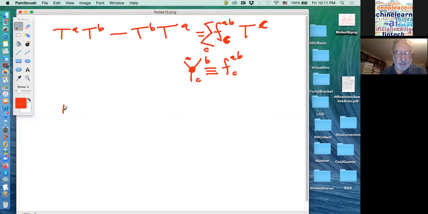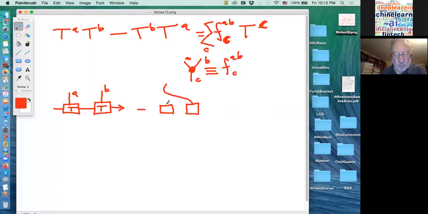And then what do we have? We have T_A times T_B minus T_B times T_A. But remember, I'm diagramming, so I'll keep those indices in the same place and cross the lines.